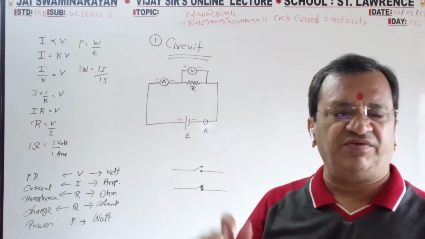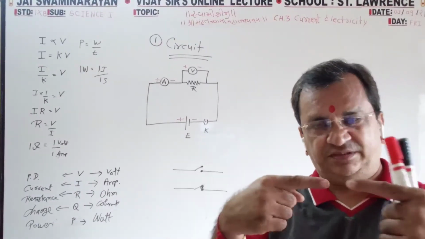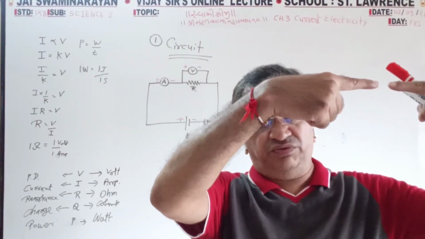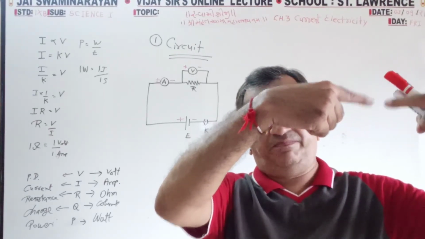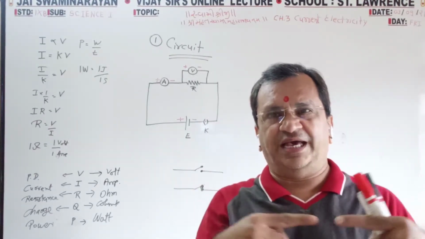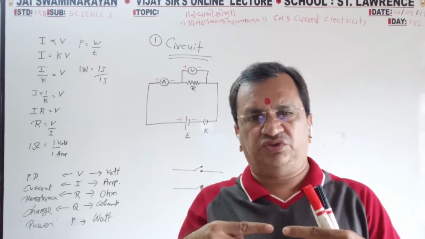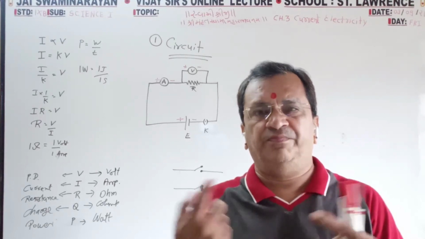Tick, tick, tick, tick. We use that switch. On means there is contact between two terminals. If you switch on, it will match. Switch off, it will make a gap. Here it happens more times: off, on, off, on, off, on.